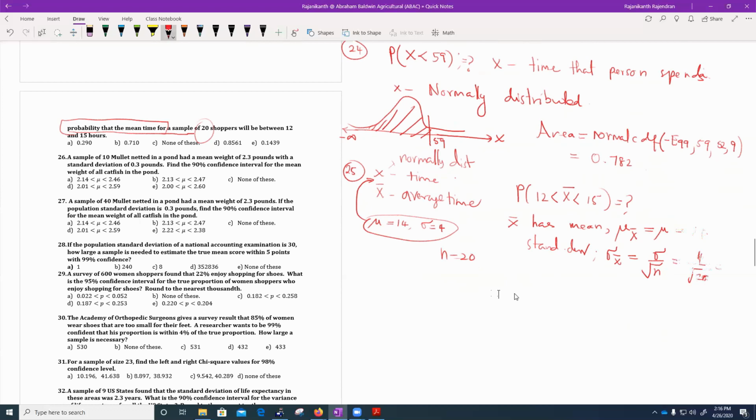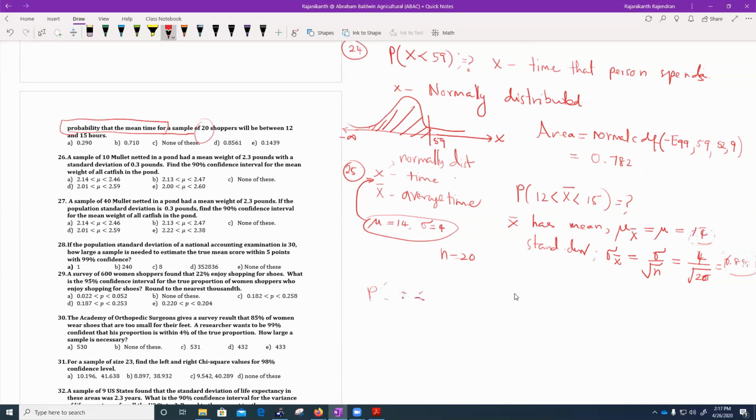If you simplify that, I got 0.894. So that is my standard deviation for x bar. So now we know the standard deviation for x bar and mu for x bar. Therefore, I could find the area of the given problem now.